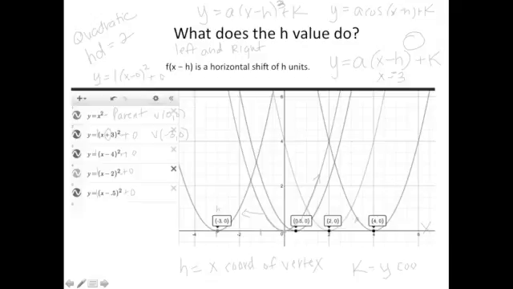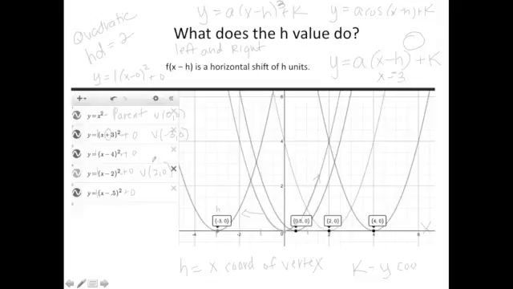All right, now let's take a look at this orange graph over here, where its vertex is 2, 0. So we're looking at this equation right here. The vertex is +2, 0. Notice that the vertex has simply been translated 2 units to the right.